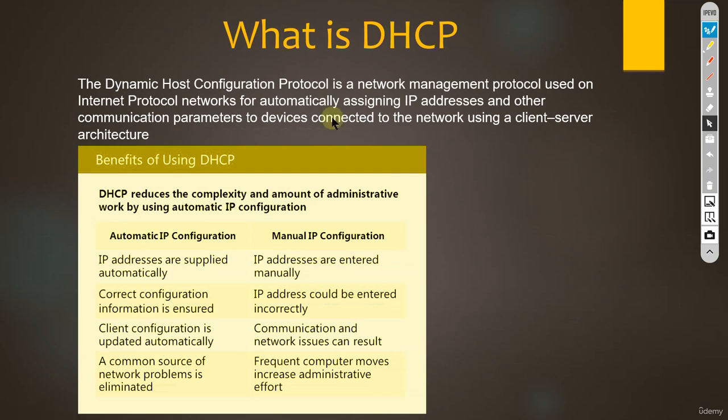By definition, the Dynamic Host Configuration Protocol is a network management protocol used on Internet Protocol networks for automatically assigning IP addresses and other communication parameters to devices connected to the network using a client-server architecture.